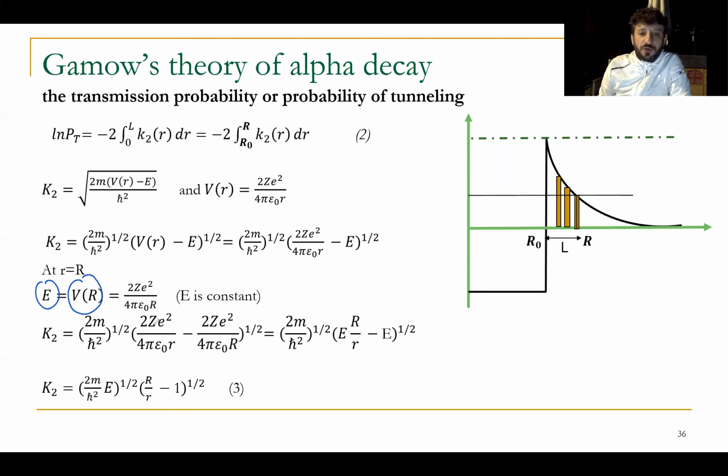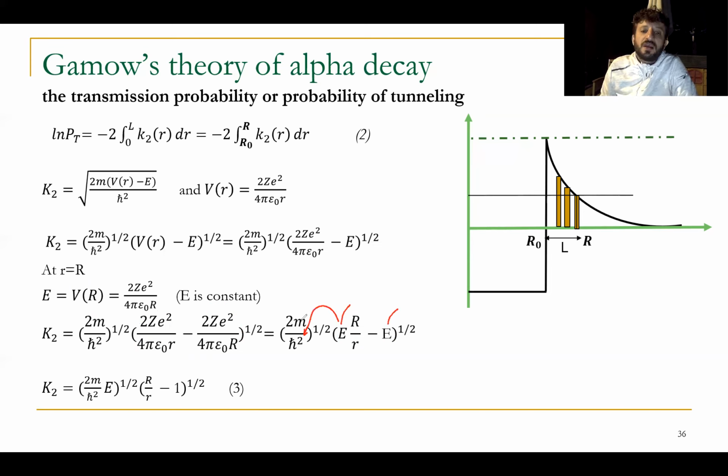Here I substitute the value of E. What I did at this point, I can multiply by capital R, and here I divide by capital R. 2Ze square divided by 4 pi epsilon 0 times R equals E. And we have here capital R divided by small r, minus this one, equals E. So here we have E and E power half; we can take a common factor and put it inside.